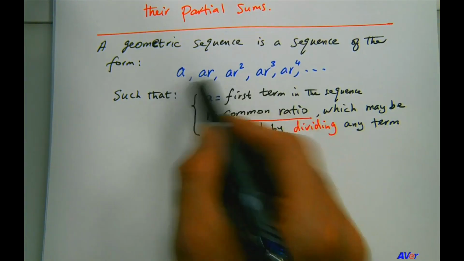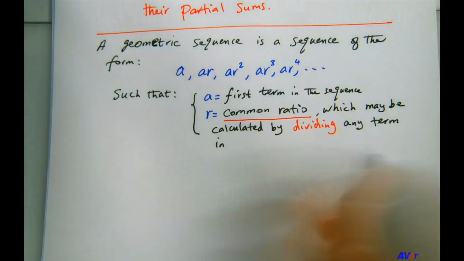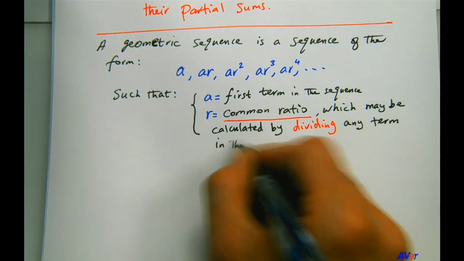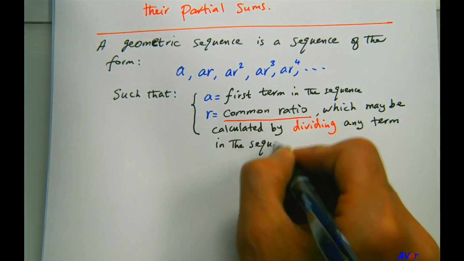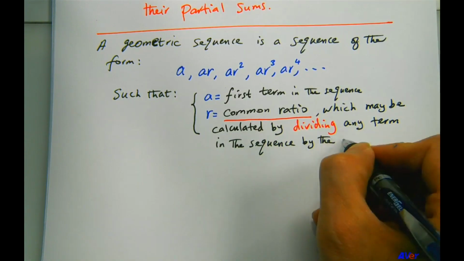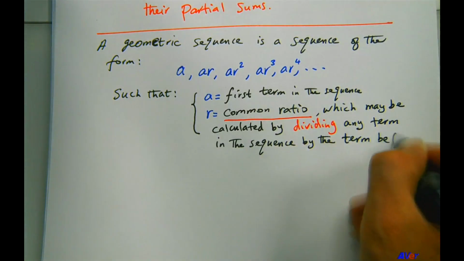So a is a term, ar is a term, ar squared is a term. Each one of these is a term.